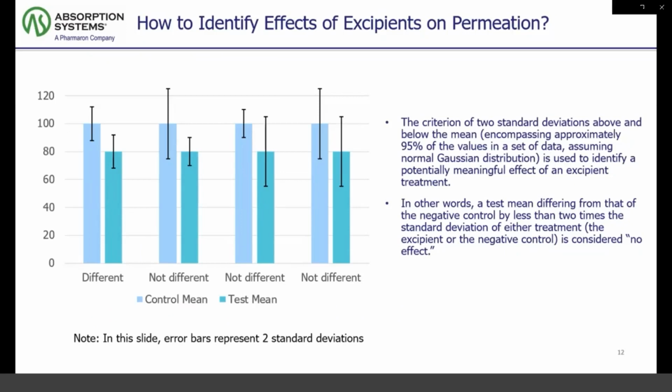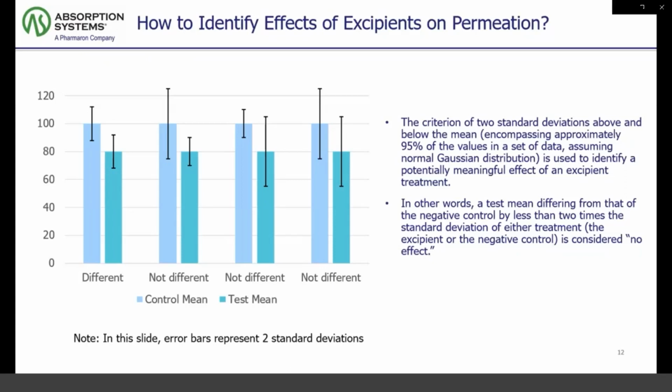So in this illustration, the error bars represent two standard deviations. And so if either of the means, the negative control or the test, is within two standard deviations of the other mean, indicated by the error bars, then they're not different. They both have to be outside of those ranges, not be overlapped by the two standard deviations.